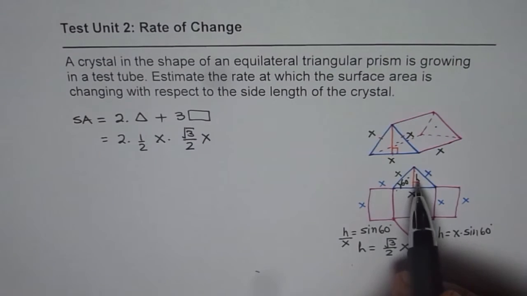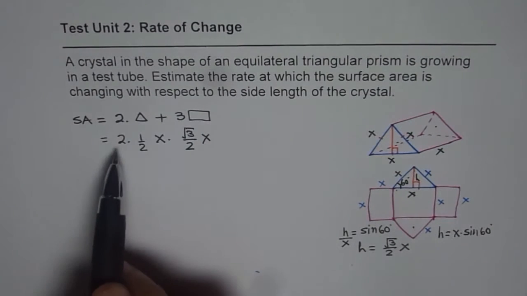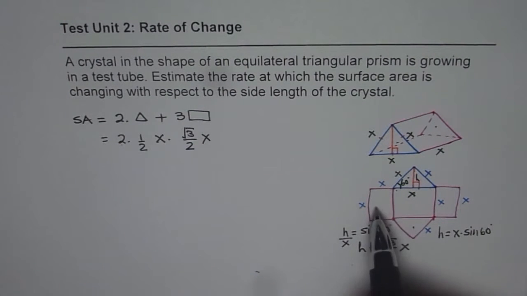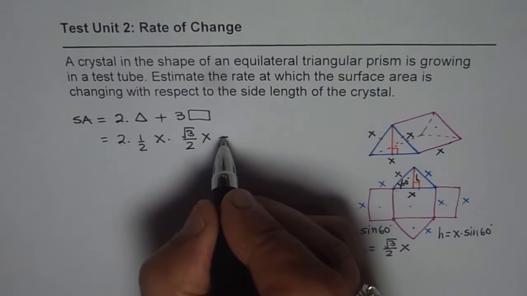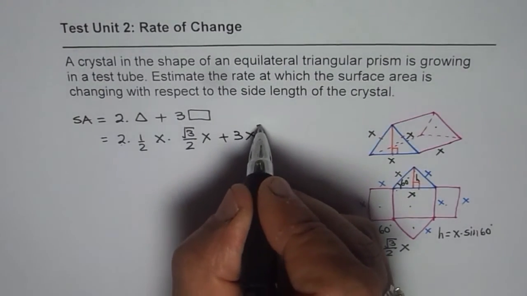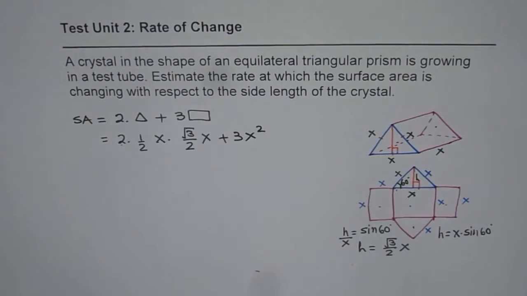So that is the area of these two triangles. We have multiplied by 2. Now we are left with these three rectangles. So their length and width is x. So we'll get 3x squared. So that is how we can get surface area of our equilateral triangular prism, right?